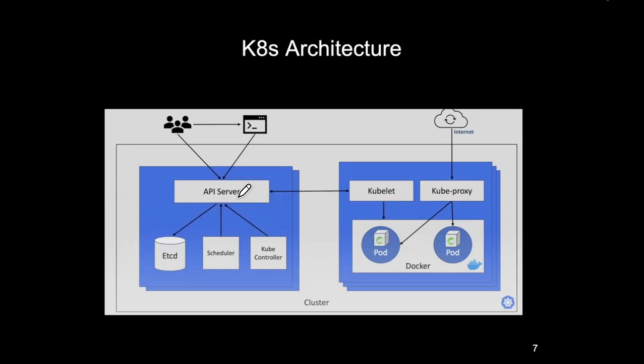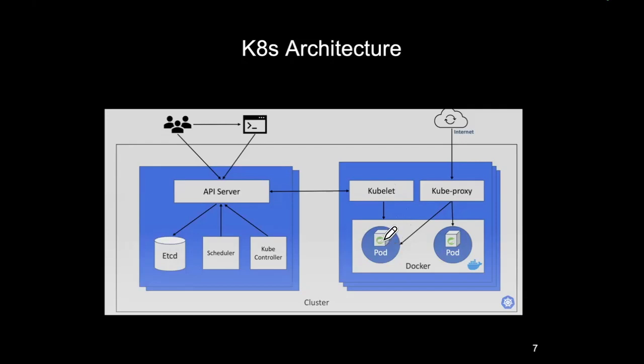It's asking the API server to communicate with worker node 2, and it communicates with the kubelet component within worker node 2, and it's the kubelet component that takes care of creating the pod.